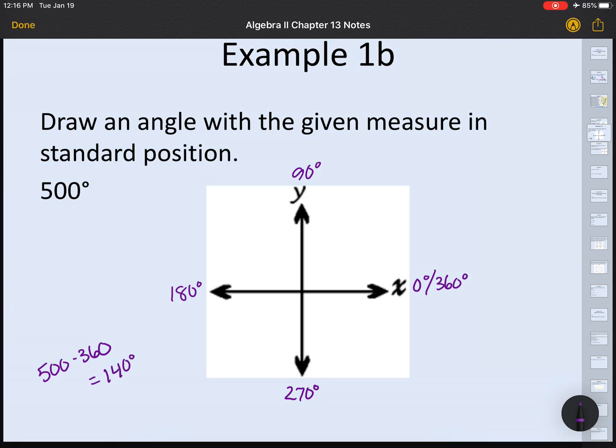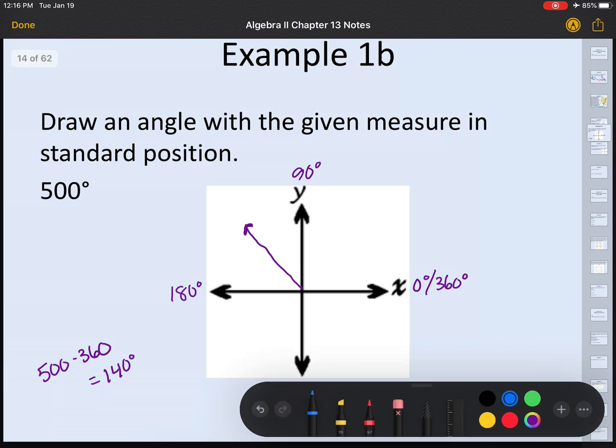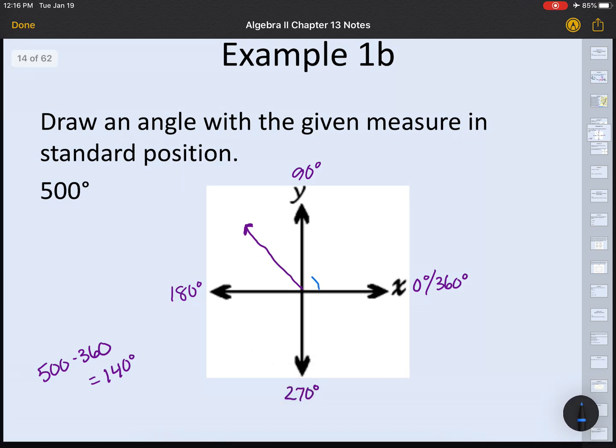So we're going to have to go in between 90 and 180, to 140. In this case, we had to go all the way around the circle and a little more than 90 again to make 140.